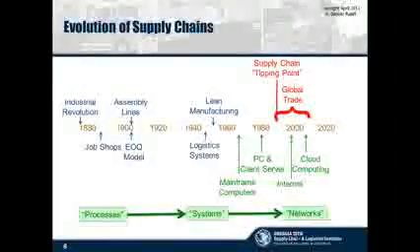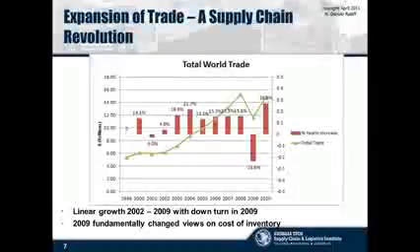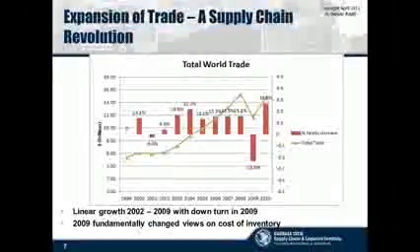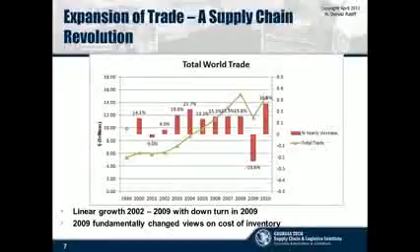And so you might ask, why does that matter? Well, it matters in lots of ways. If you look at this chart, what we see is that starting about 2001 or so, the amount of world trade started increasing at about a linear rate.